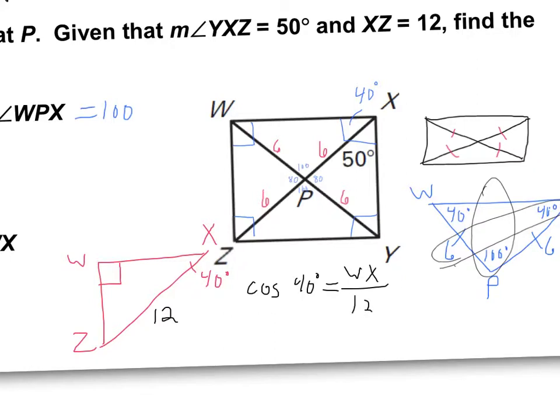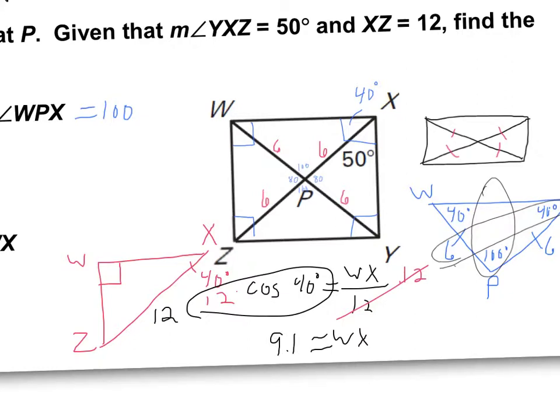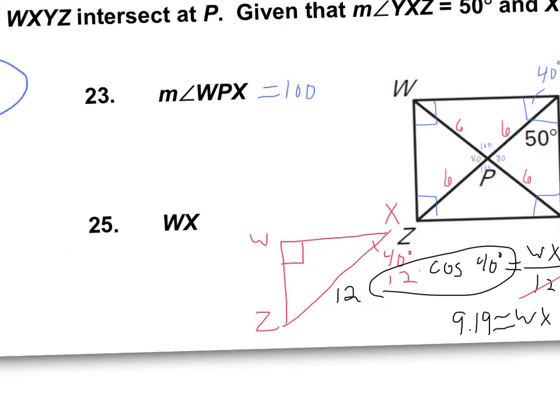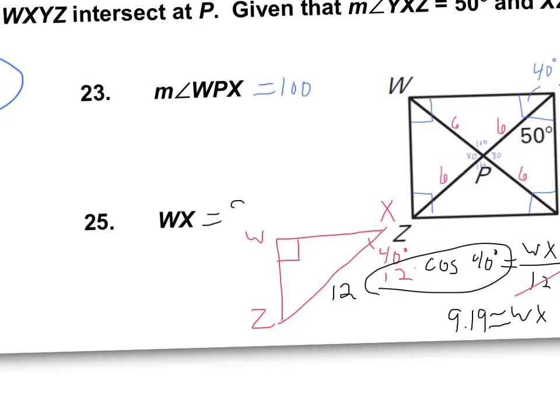And then we'll multiply both sides by 12. And so you would type into your calculator 12 times cosine of 40. And you get 9.19. Of course, you get the same answer. There's just two different ways of doing this. So approximately 9.19.